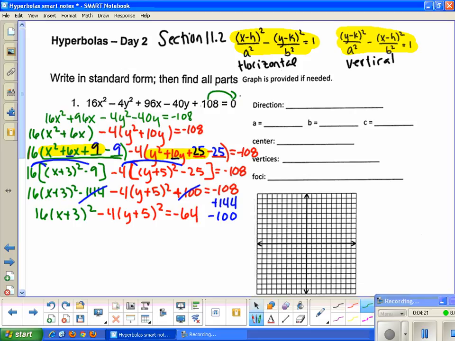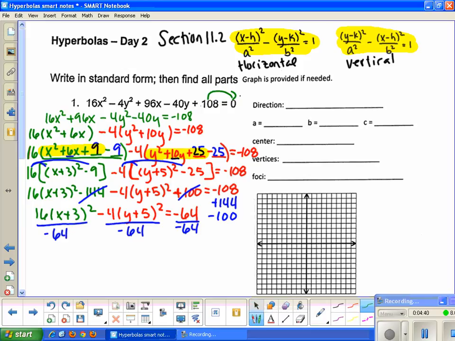Now remember, we're not done because we don't like to have the number be something other than 1 to the other side of the equal, so we're going to divide all of this by negative 64, so each term. So remember that number has to be 1. And now all I have to do is go ahead and simplify it.